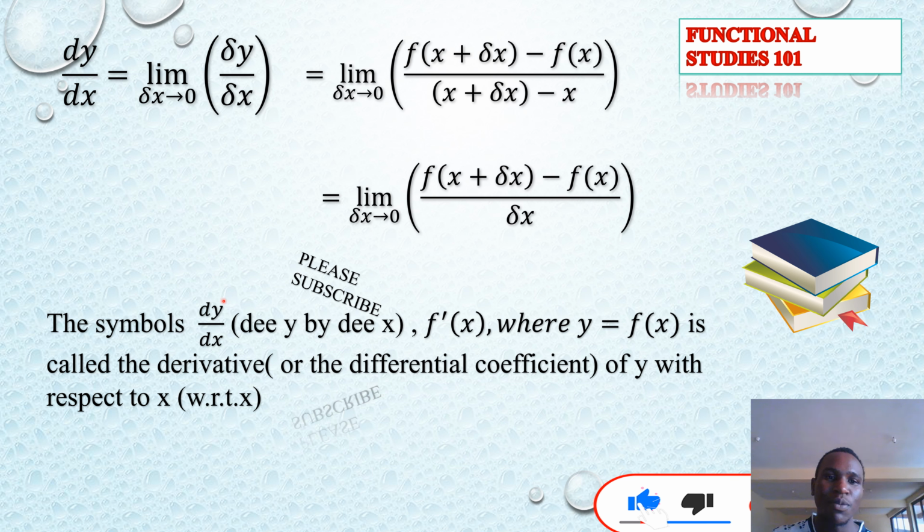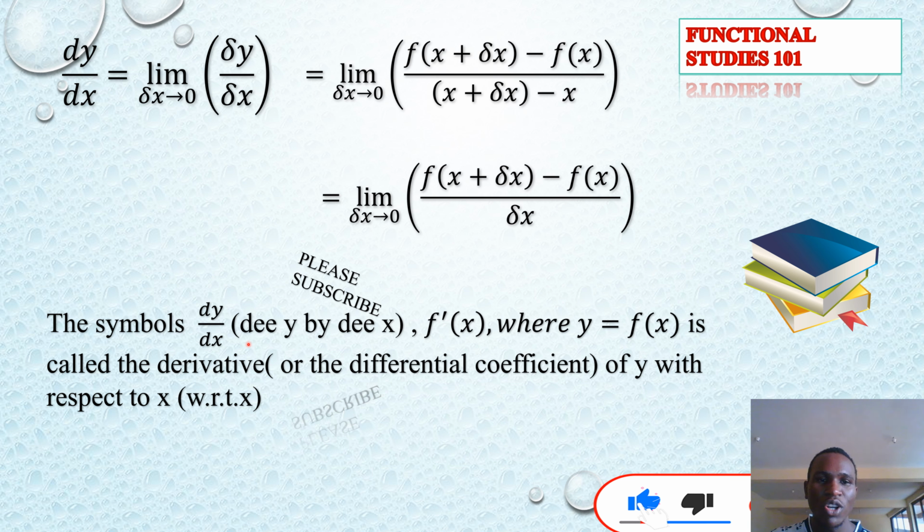And the one that is dependent will always be at the numerator, while the one that is independent will be at the denominator. So at the end of the day, these are the different notations that you have. If you have a function y equals f of x, you can have dy on dx, f prime of x, and y. This f prime of x is the same as dy on dx, like I said. You can also write it as y prime, okay? As not indicated here, but we'll use it ahead.